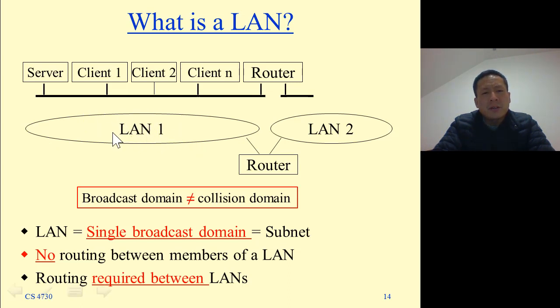Whatever you send out, these clients will be able to see each other. They can do broadcast directly, and see each other by broadcasting, but not across different LANs. For communication across different LANs, you need a router.